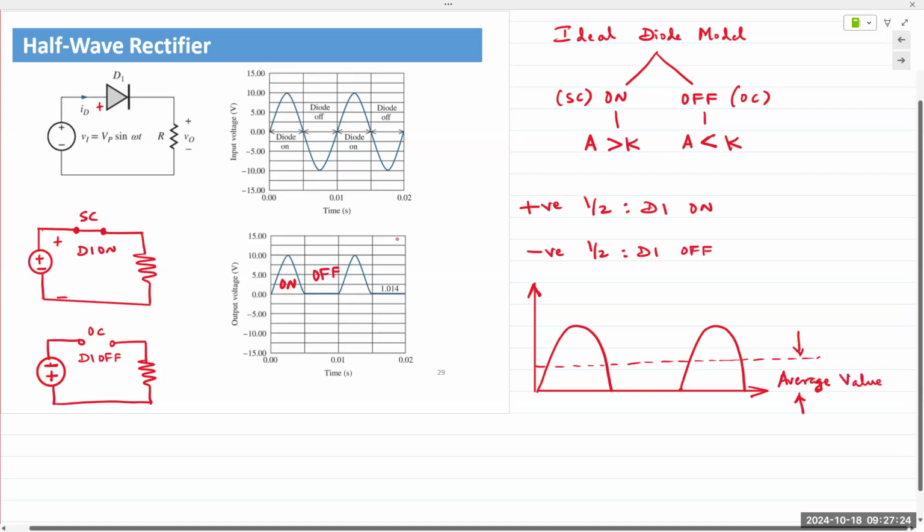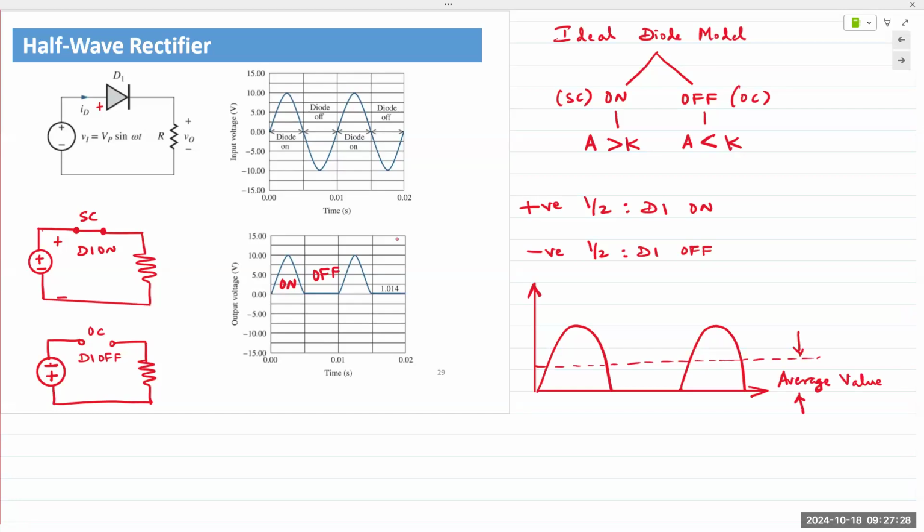For a half-wave rectifier, of course, there's a lot of loss. We're not using the full sine wave or the full AC waveform. And so the average value is very, very low. But again, this was the first step in trying to create an AC to DC rectifier. Now, let's take a pause.